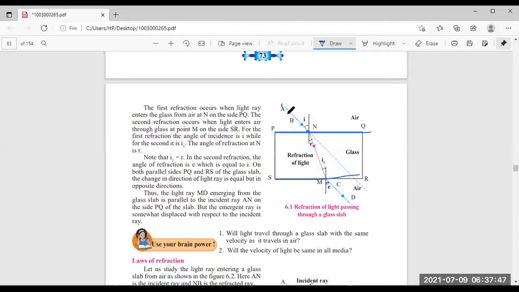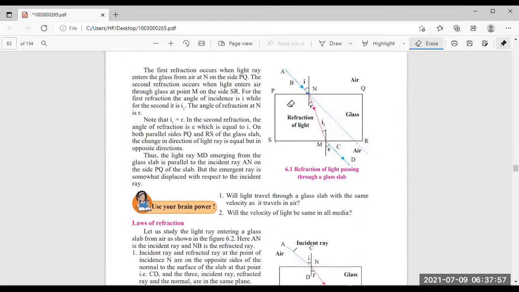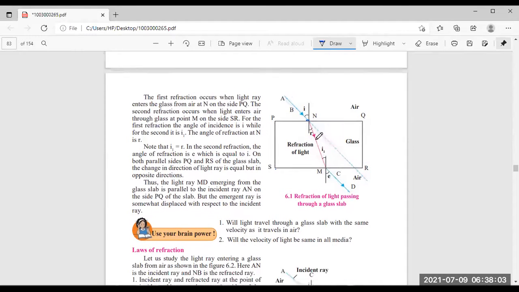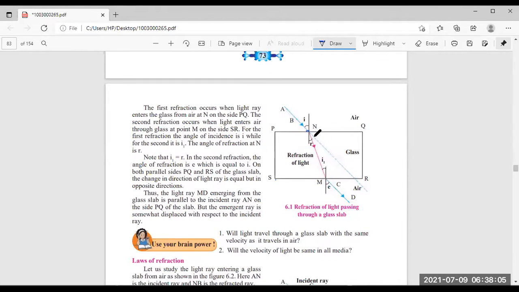And here, what is the noticeable thing? Light changes its direction. See, here it is a straight line and here it is a little bent. Getting it? Yes or no? Are you getting it, students? Yes, sir. So the light ray MD, which is emerging from the glass slab, is parallel to the incident ray AN. This is parallel to this.